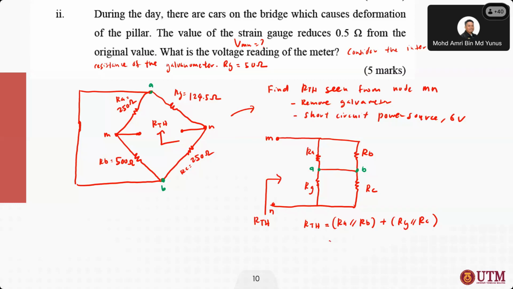So therefore, the Thevenin value: RA is 250 multiplied by RB 500, divided by 250 plus 500, plus 124 multiplied by 250, divided by 134.5 plus 250.